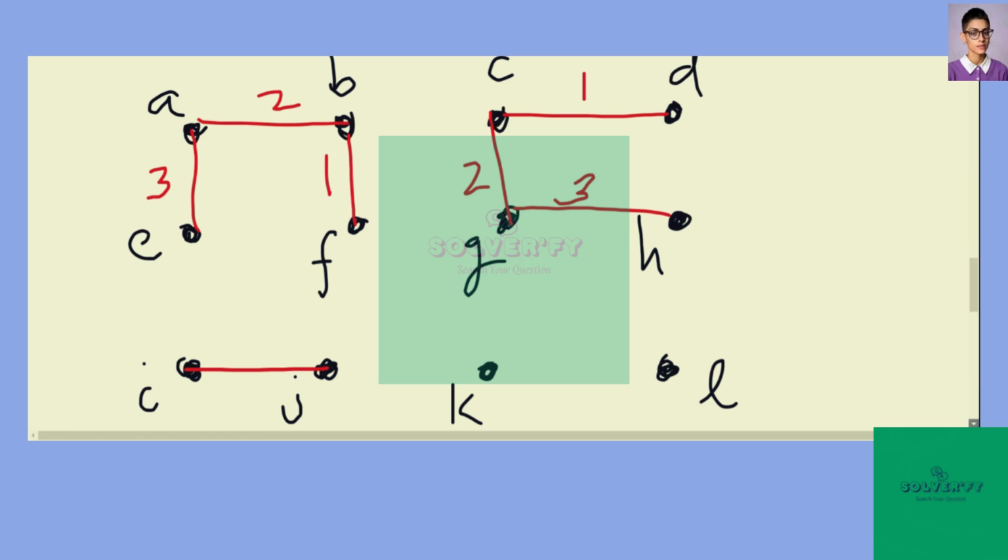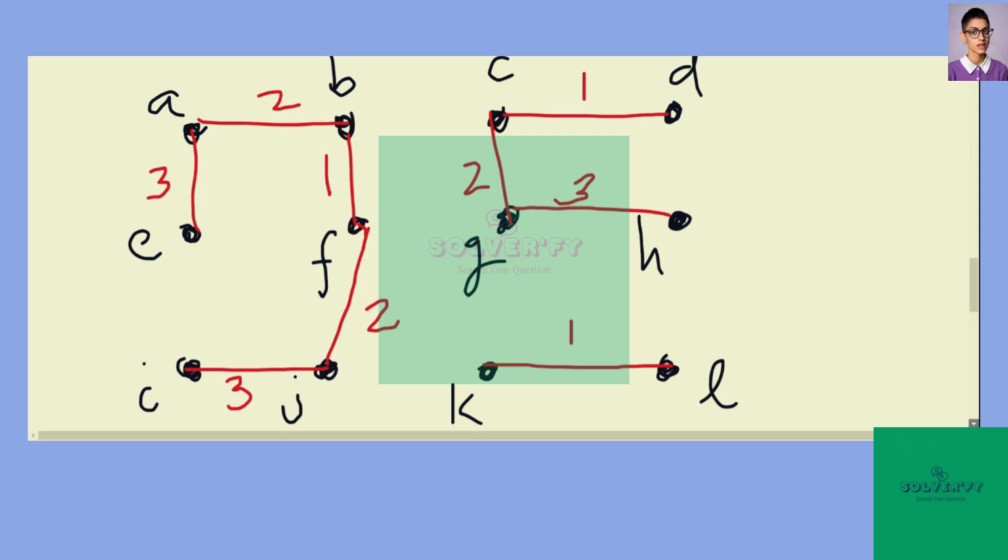IJ is an edge. JF is an edge. And KL is an edge. These are all the edges that we found.